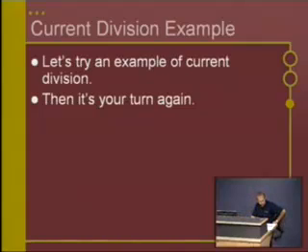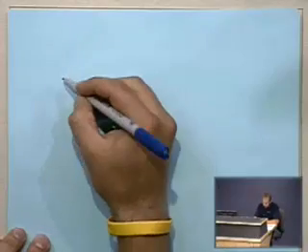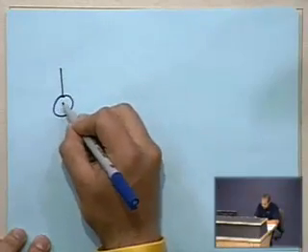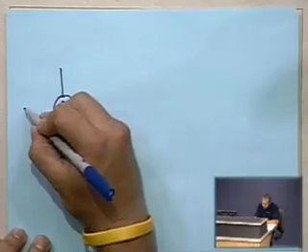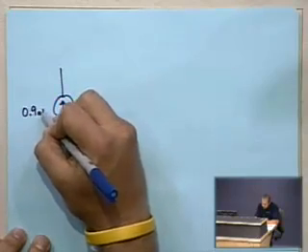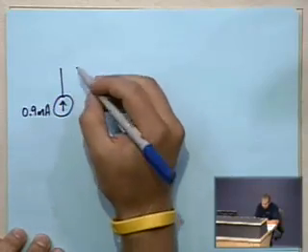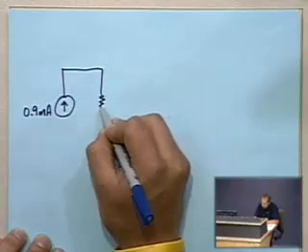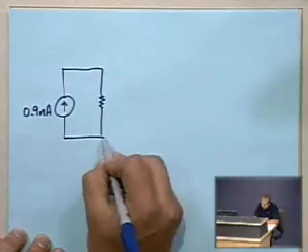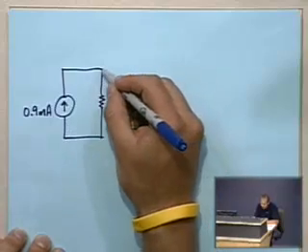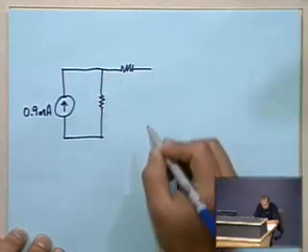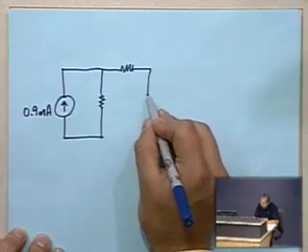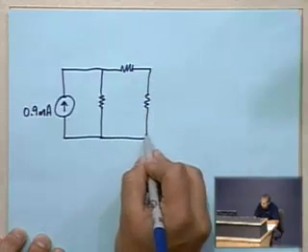So this is just a fairly trivial example. We've got a current source, and it's putting out 0.9 milliamps worth of current. And then we've got one resistor over here, which is very clearly in parallel. And then we've got a resistor up top here and a resistor on the side.